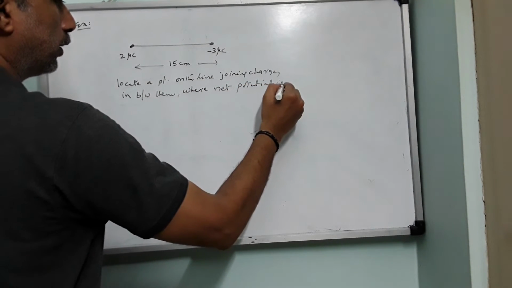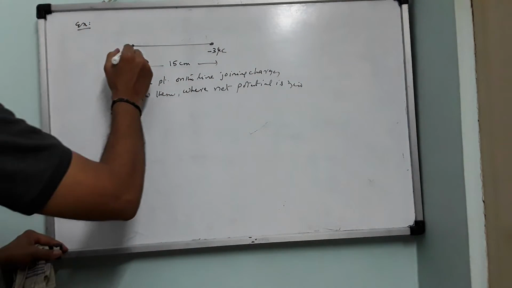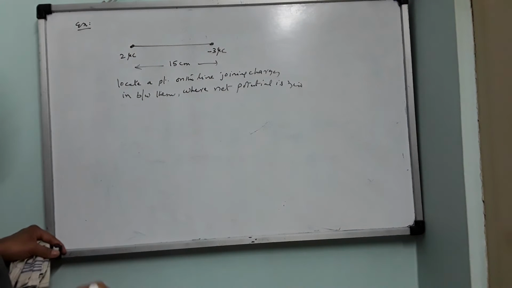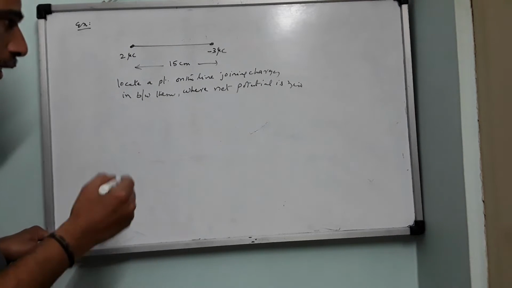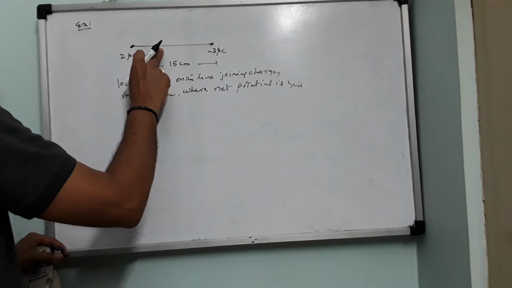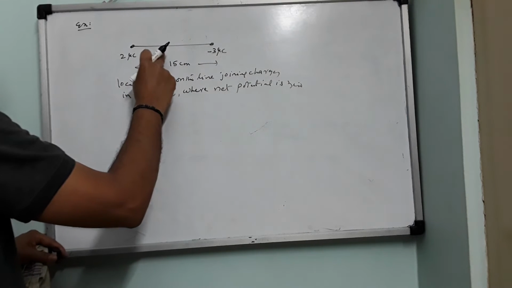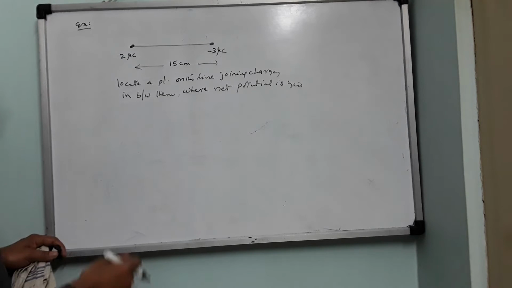So there may be a point between 2 microcoulomb and minus 3 microcoulomb at which the net potential is going to be 0. It is obvious because this will produce a positive potential at the given point and this will produce a negative potential at the same point. If they are equal in magnitude, net is going to be 0. So that we do not know.